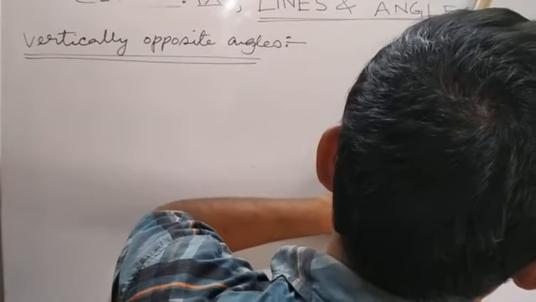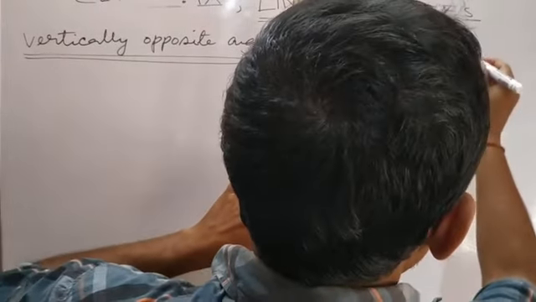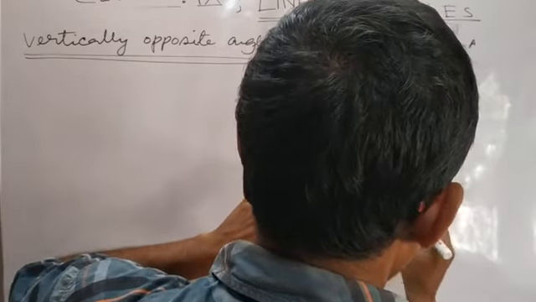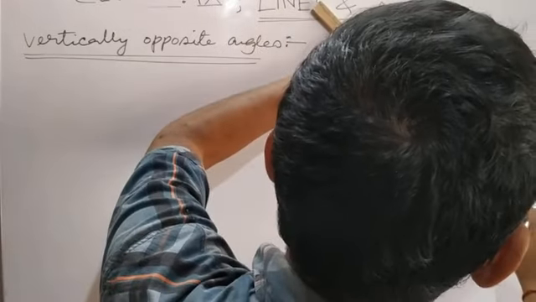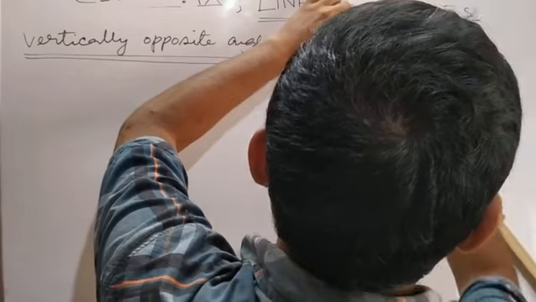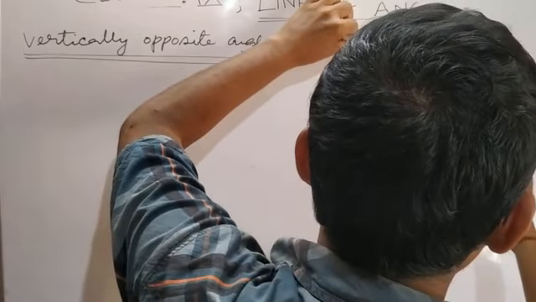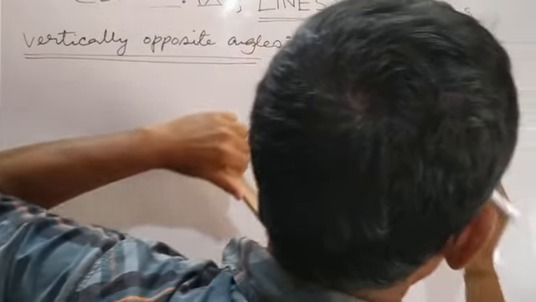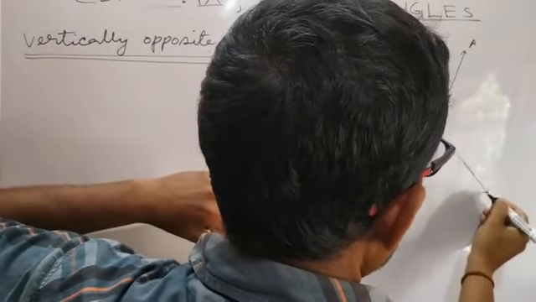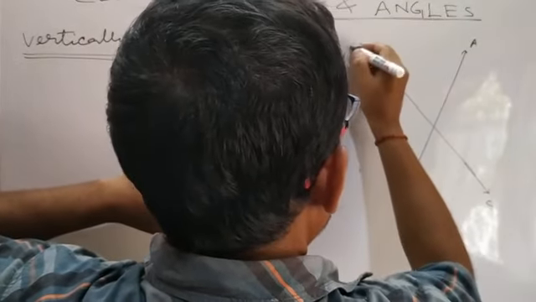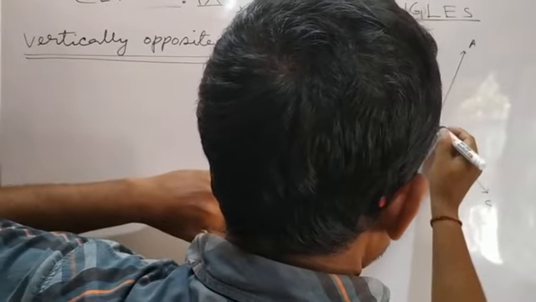So you see, let us draw one line AB, and another line CD.